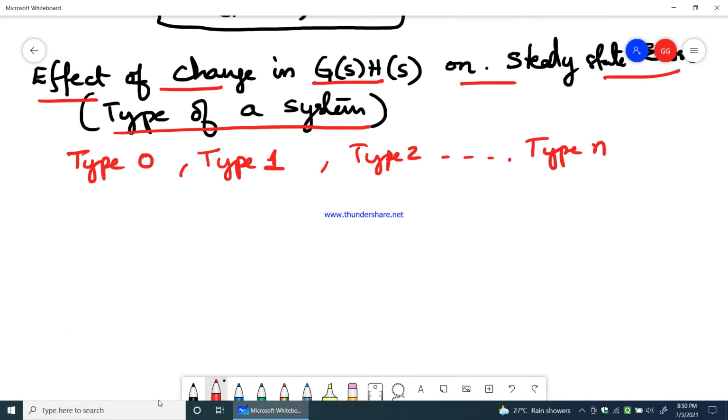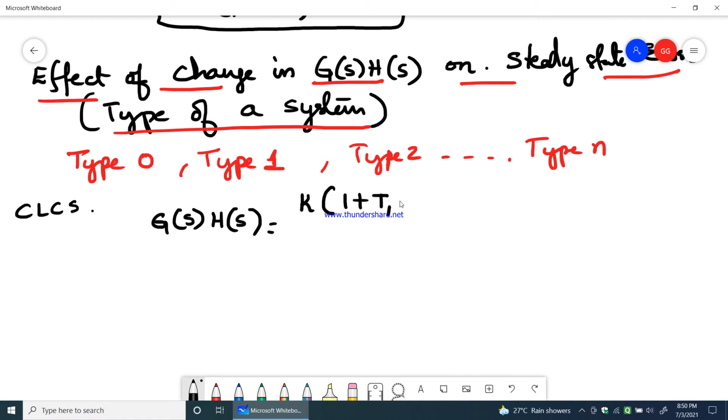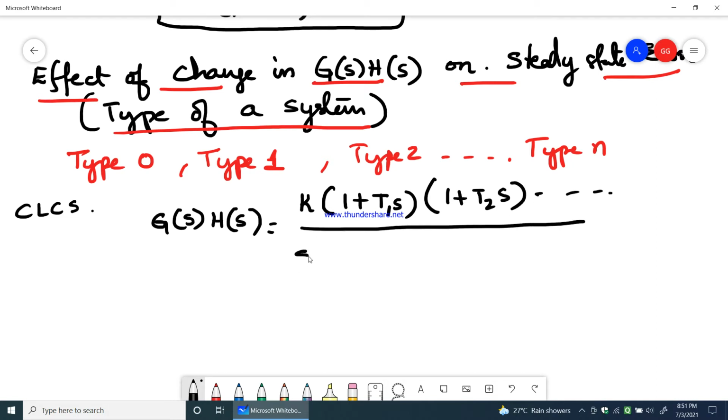Now for any closed loop control system, we will get g of s into h of s equals k into (1 plus T1s)(1 plus T2s) and so on, divided by s to the power of j into (1 plus TAs)(1 plus TBs), and so on.